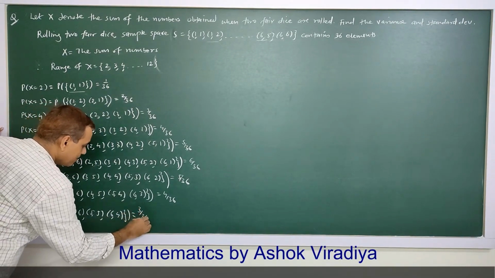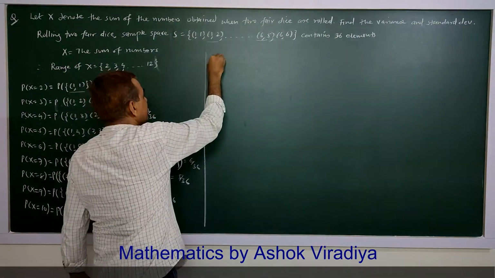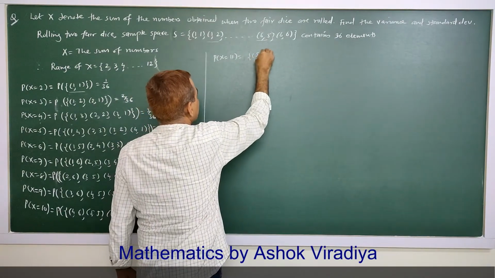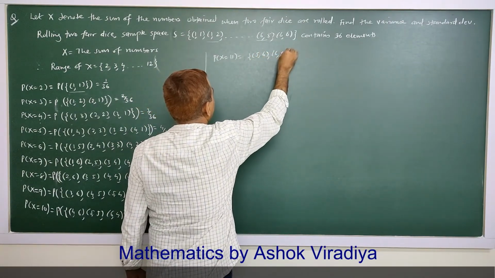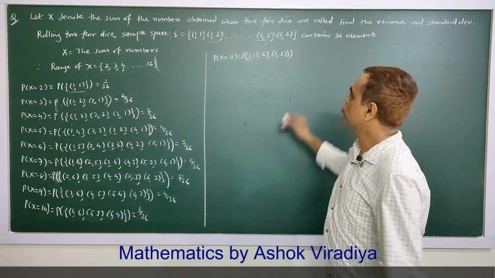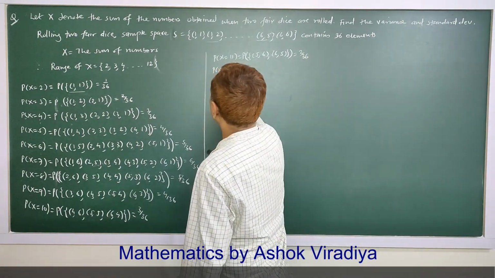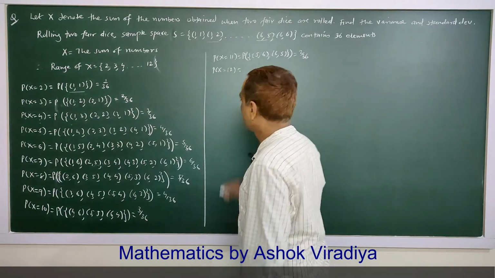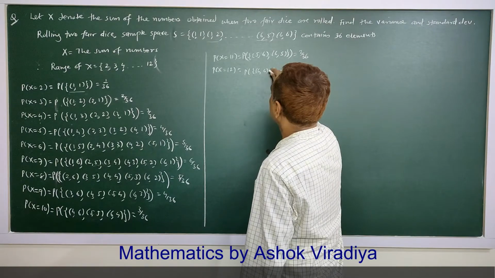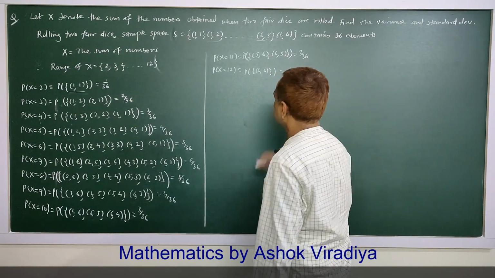Similarly 3 by 36. Probability that x takes value 11. So that is 5 6, 6 5. So the probability of this event is 2 by 36. Probability that x takes value 12. That is only one output, 6 6. So its probability is 1 by 36.